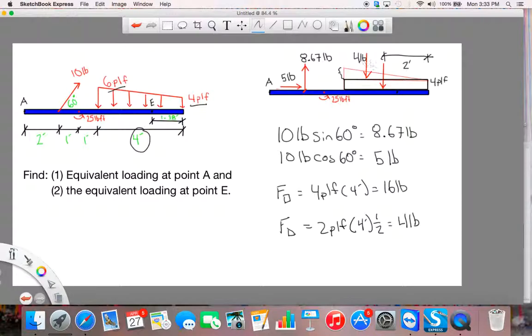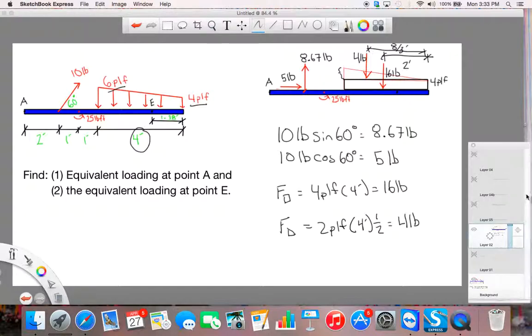So 4 pounds, and this one was 16 pounds. And this length is 2/3 times 4 feet, so 8/3 feet. So I've now split up my point load and my triangular and rectangular loads into these nice x and y components, and I know where they're all located.